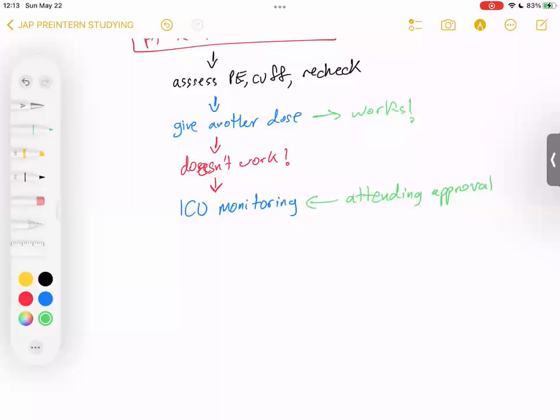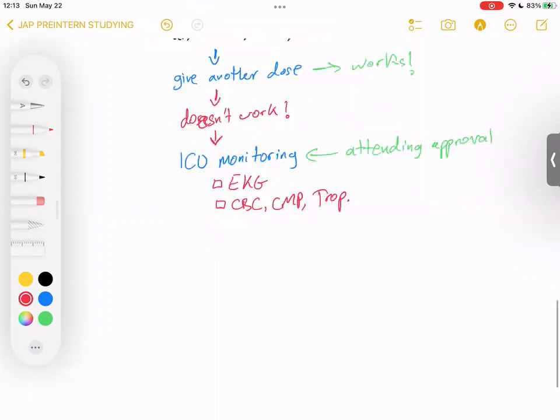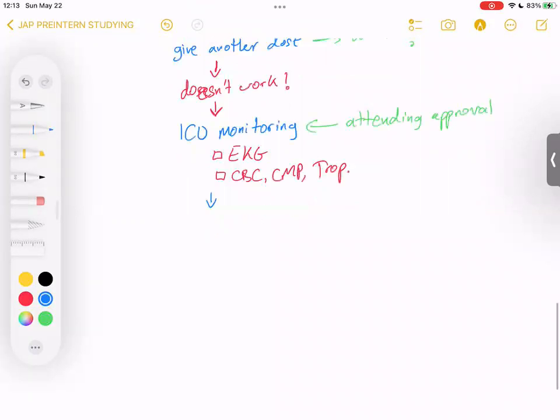At this point, really what I like to do is to get labs. So now you want to do an EKG. Now you want to do a CBC, comp, and then troponins, right? And in the ICU, as somebody mentioned here, you can use either nicardipine drip. What else?